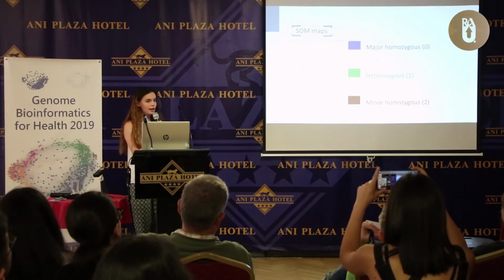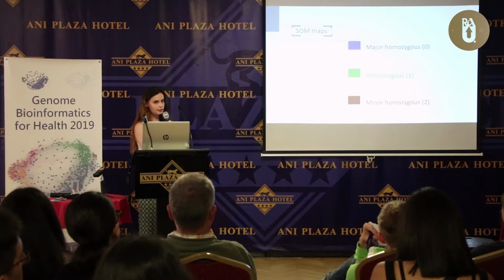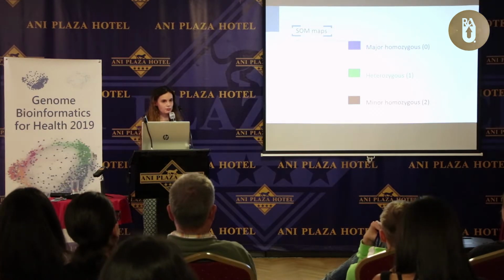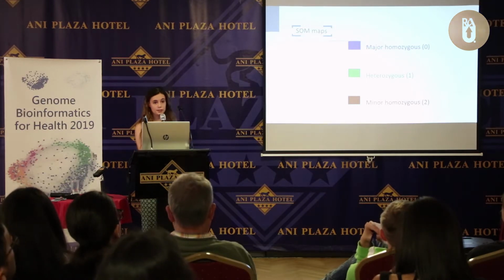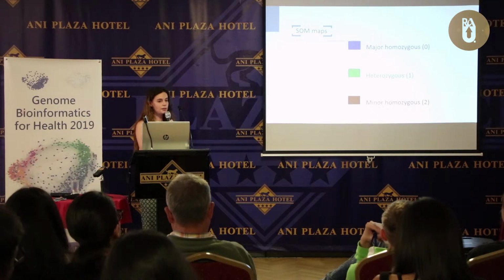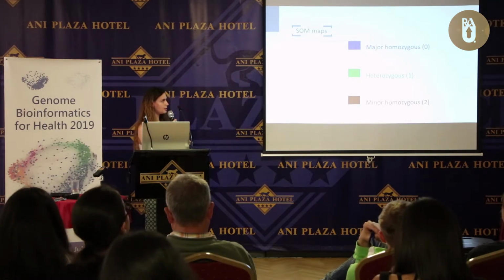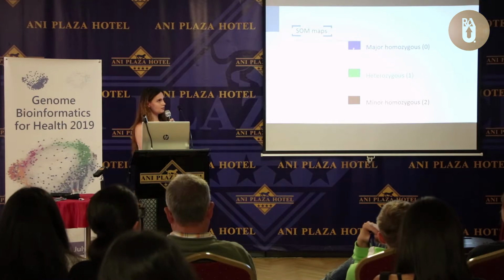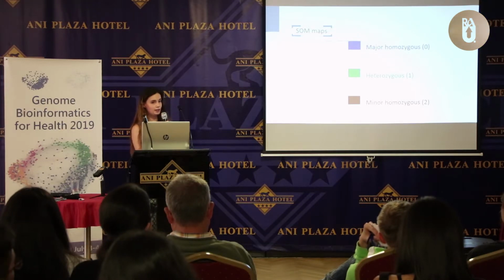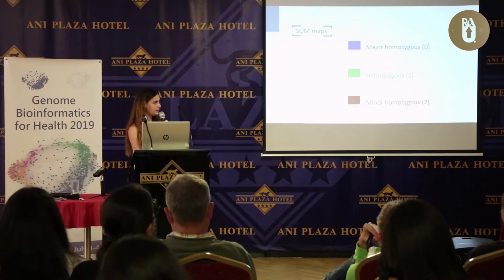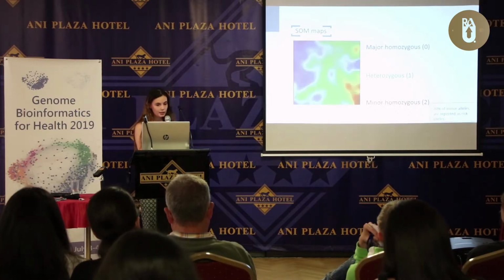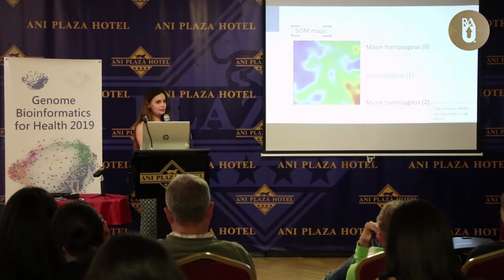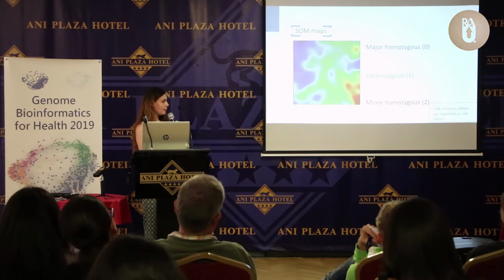In our map, each pixel is a microcluster, where the SNPs with similar profiles are collected, and each pixel is colored according to its value. The pixels enriched with major alleles are colored blue, heterozygote green, and minor alleles red. So this is the final map where we can see the red spots, which are the spots for minor alleles.